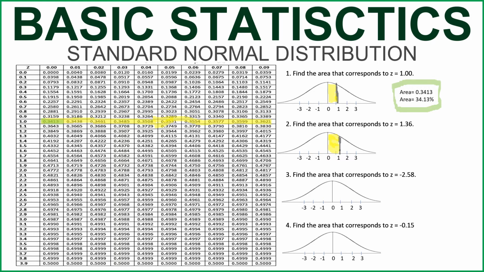Okay. So, next is, tingnan natin yung first 2 digits which is 1.3. So, nasaan yung 1.3? Ito po yung 1.3. Okay, i-shade naman natin ngayon yung horizontal part ng 1.3.